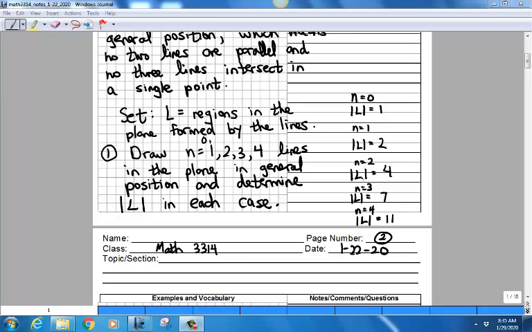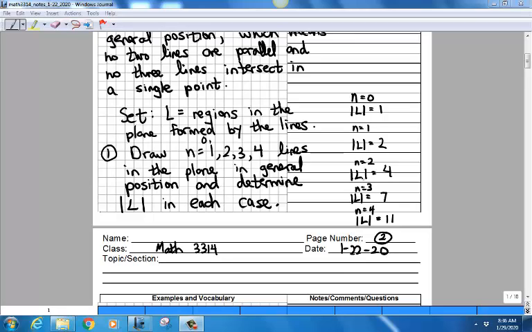The one condition that's really important to help us analyze the problem and make it easier is that we want the lines to be drawn in general position. You're going to hear that phrase a lot in geometry. Something is drawn in general position, and that means different things in different situations.